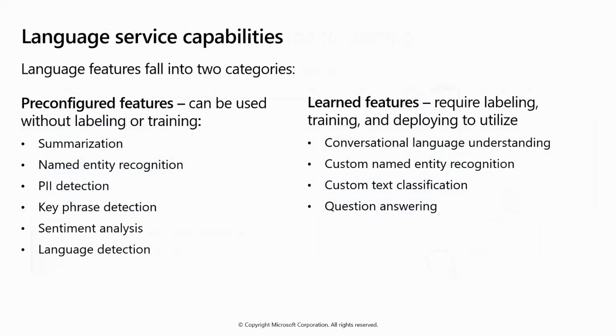Then we have sentiment analysis. This one tries to figure out if a string or a document is positive or negative. For instance, based on the text, "Excellent hotel. We could walk to a lot of places to eat and see," in this case, the service will say that was good, with a fairly high level of confidence.